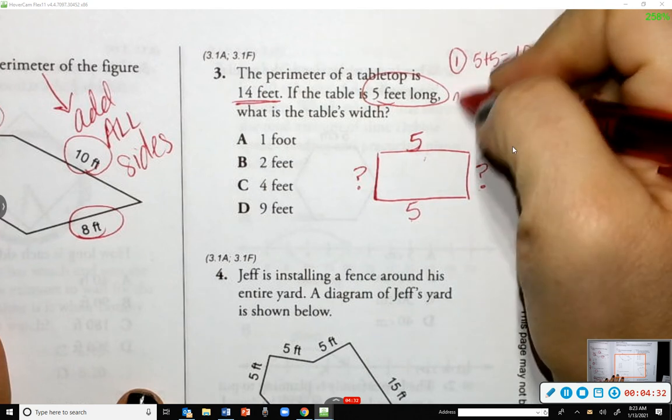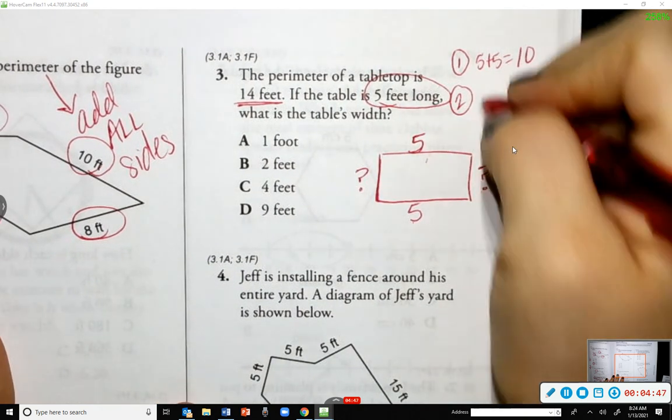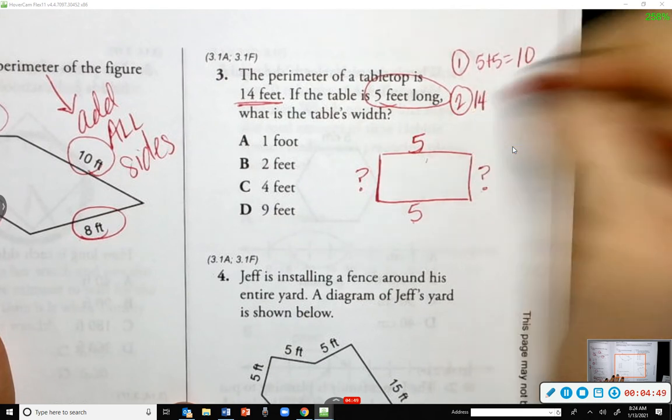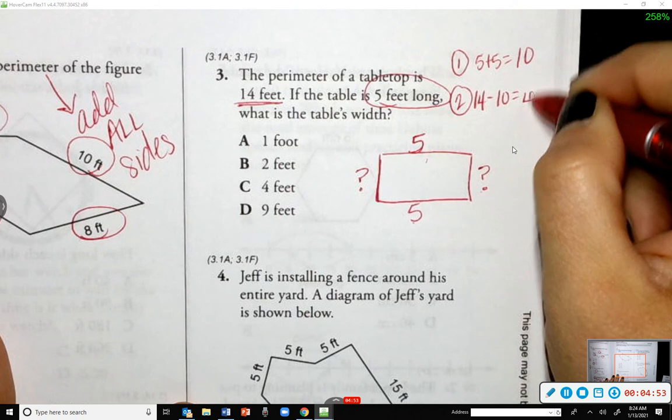Okay? Step 2. Aaliyah, you remember what you do next? Add the sides we know, and then we're going to do what next? Subtract. Very good. So I'm going to take the perimeter, which was 14, and subtract 10. We have 4 left over.